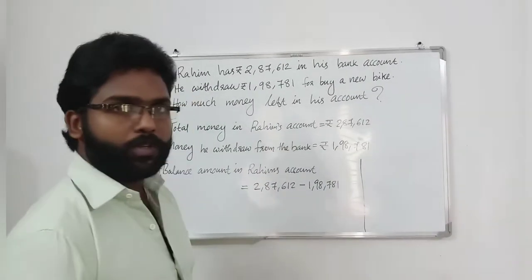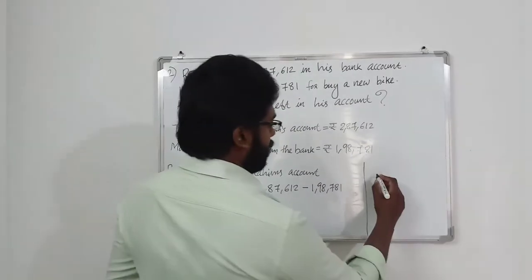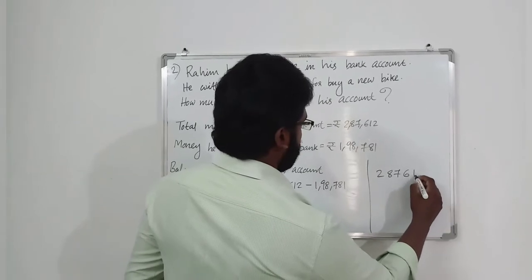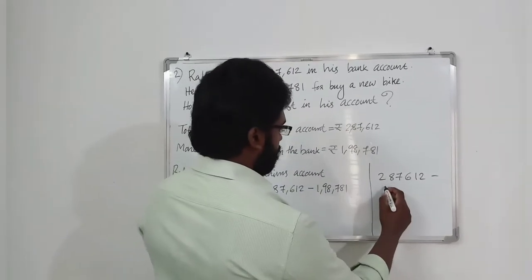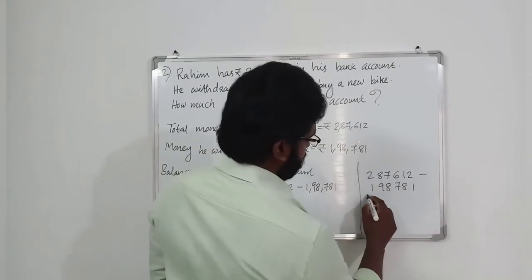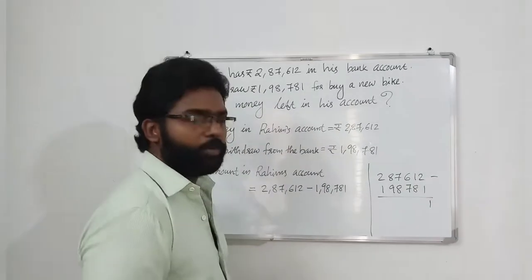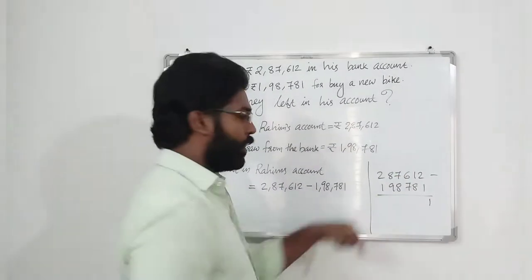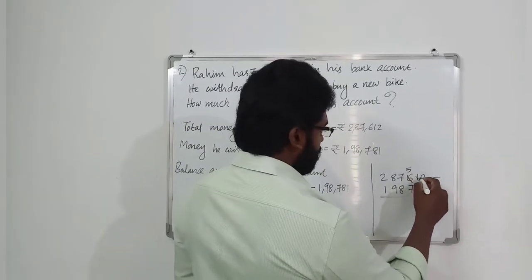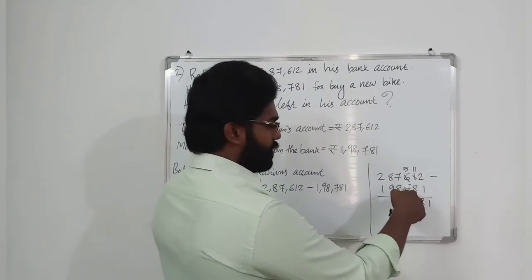In all problems, you must do the calculation in the margin. Okay, 2 minus 1, 1. 1 minus 8 is not possible, so we borrow 1 from here. Now it is not 6, it is 5, and this is 11. 11 minus 8, 3. Now it is 5 and this is 7.